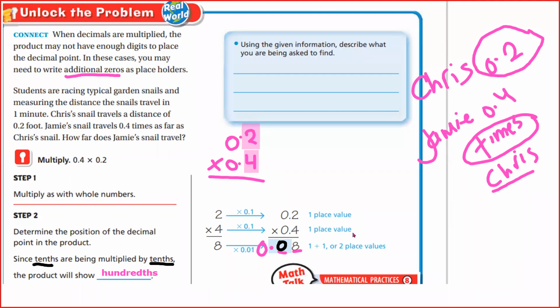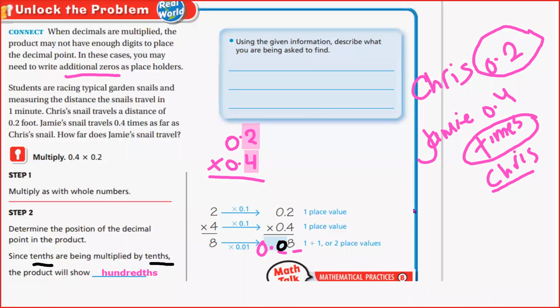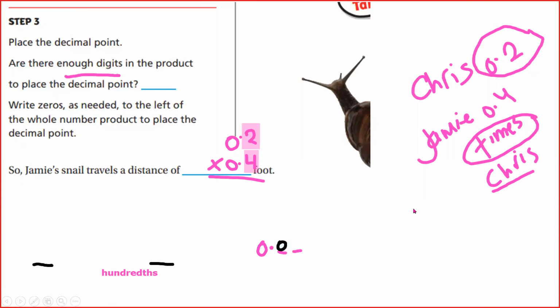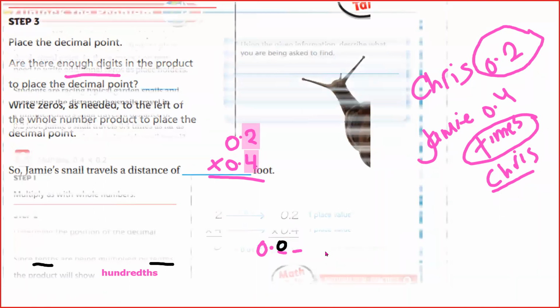Take 1 minute to finish writing. Now next, step 3. Teacher, wait, not yet. Okay.